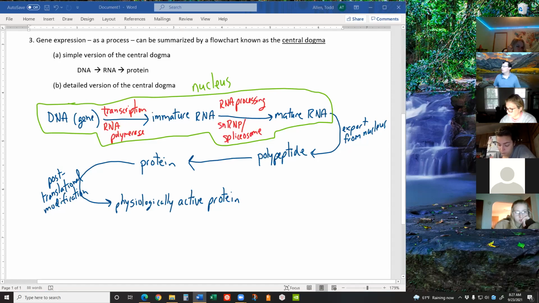Here it comes. What part of the nucleus is used to export the mature RNA? I want you to take a look at figure 3.24. Take a look at 3.24 and tell me what part of the nucleus is used to remove the RNA from inside the nucleus to out into the cytoplasm. Okay. Rebecca, thanks for answering. You're the first person to answer, and your answer is correct.